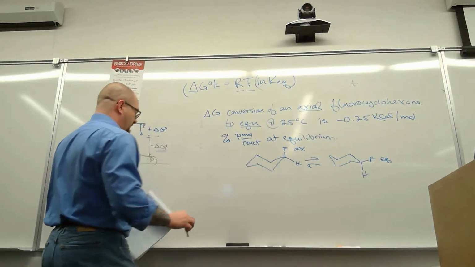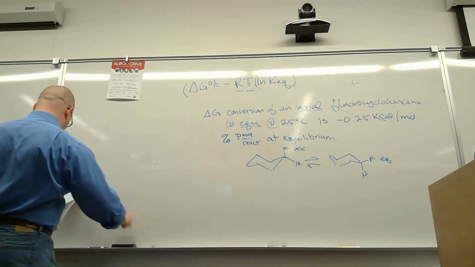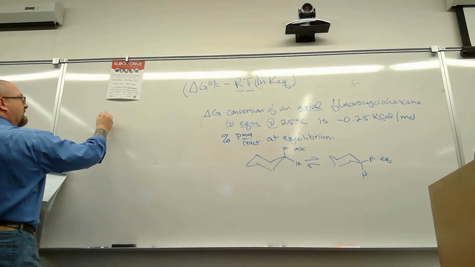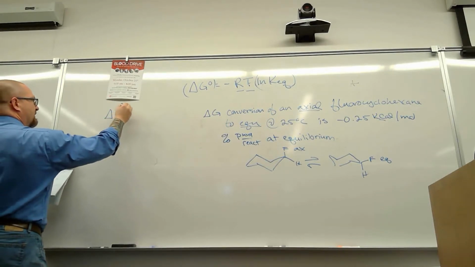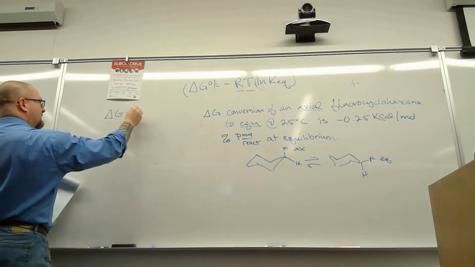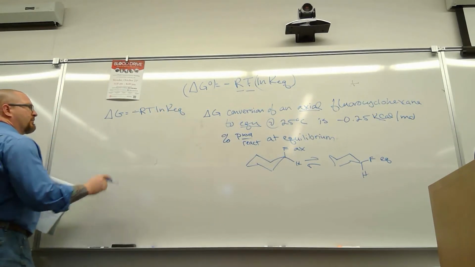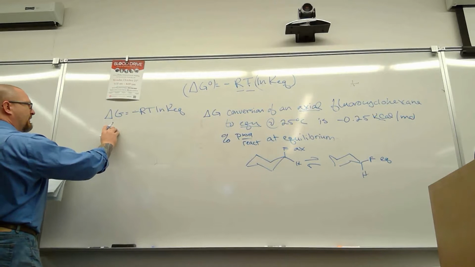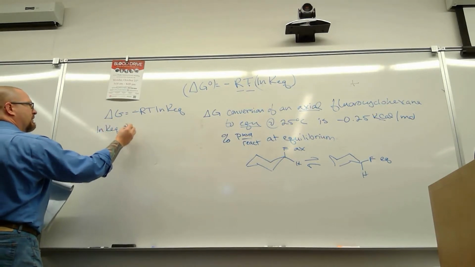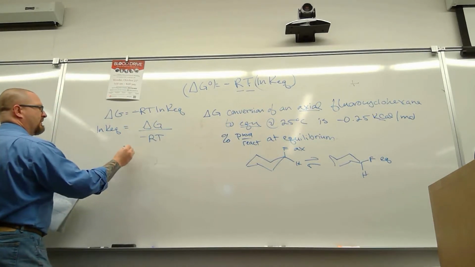But we should be slightly favoring the equatorial conformer. So based on this, we can jump into this equation and say, well, if that's the change in energy for this process, and delta G equals negative RT natural log of the equilibrium expression, we want to break out natural log of KEQ equals delta G over negative RT.